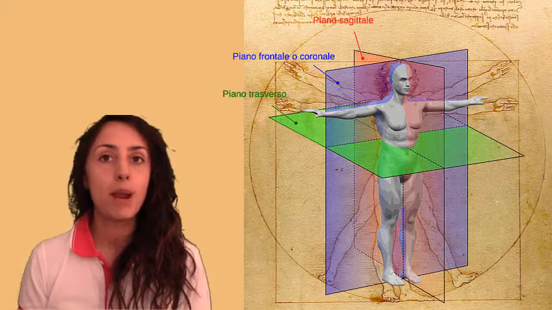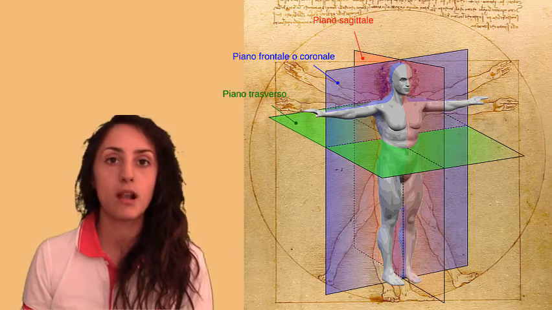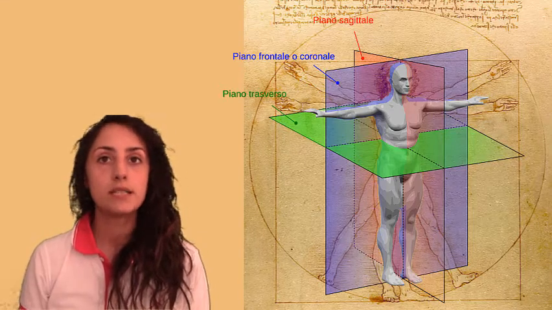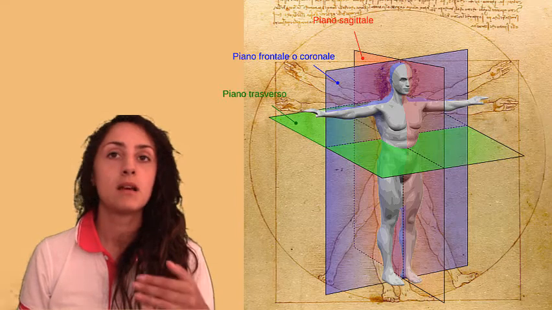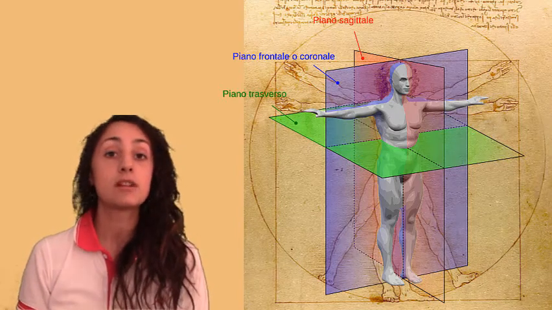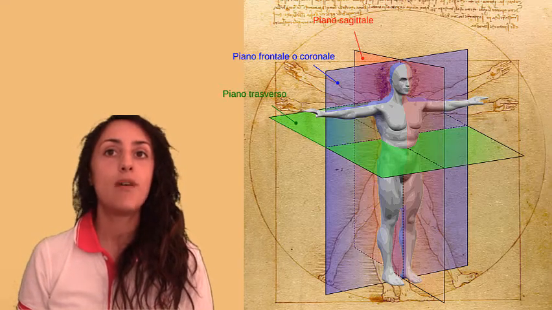The sagittal plane that is offset from the median line is called parasagittal plane. Another plane is the frontal plane, which is a vertical plane that divides the body into anterior and posterior parts. The transverse plane is a horizontal plane which divides the body into superior and inferior.